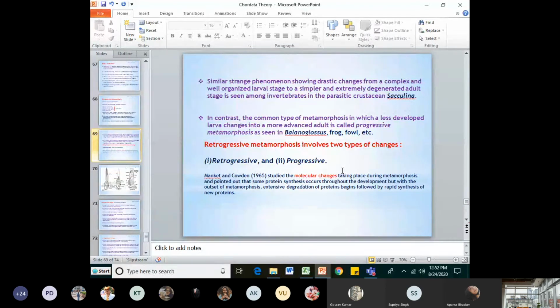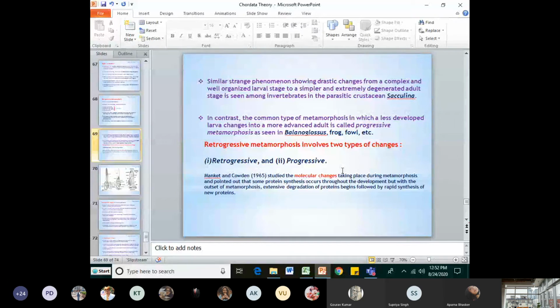First, the larva has to drop some characteristics, some redundant organs which are not useful for the adult. On the other hand, because the larva lives in a different habitat whereas the adult lives in a different habitat, the characteristics which are useful for the adult have to be more prominent and more developed as compared to the tadpole larva.